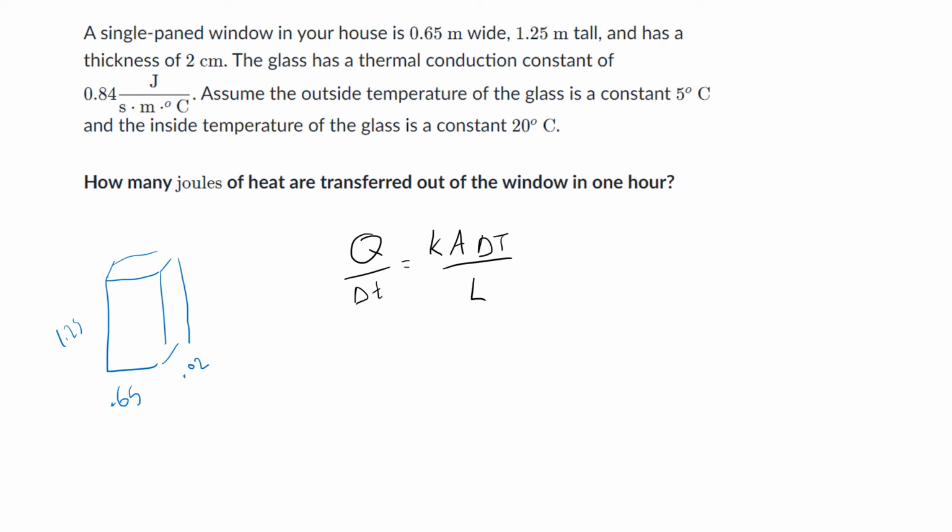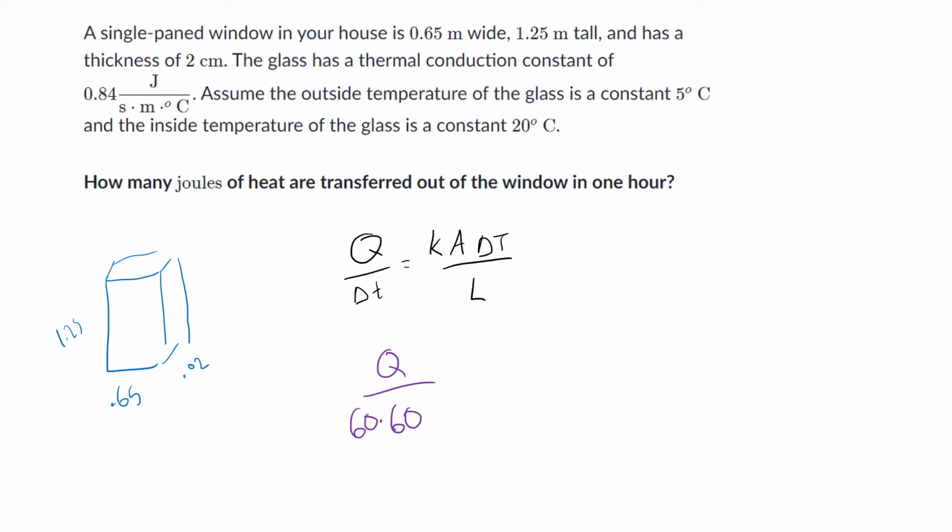Okay, all right, we're back. Now plugging in things here, we're looking for what Q is equal to. We're going to divide by delta T, so in an hour. So we're going to have 60 times 60, right?